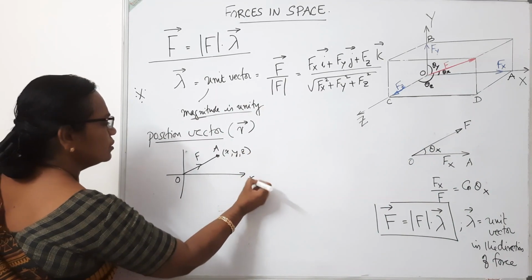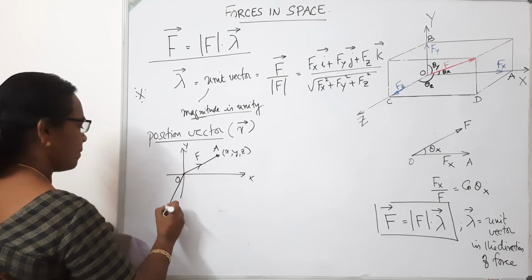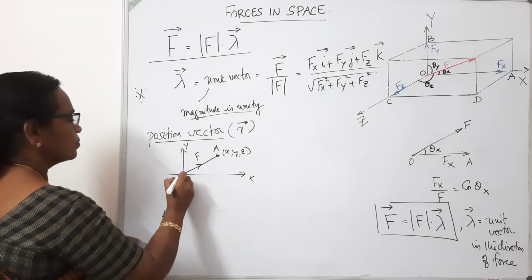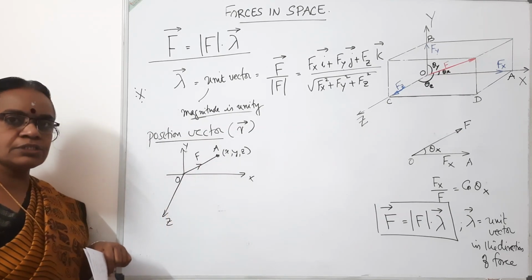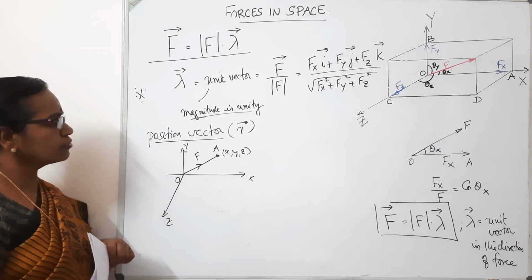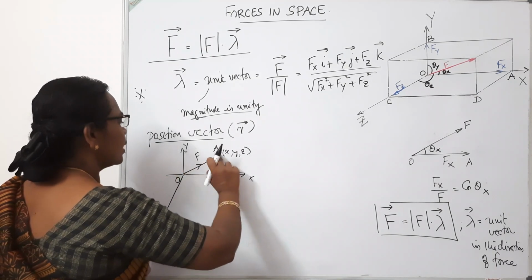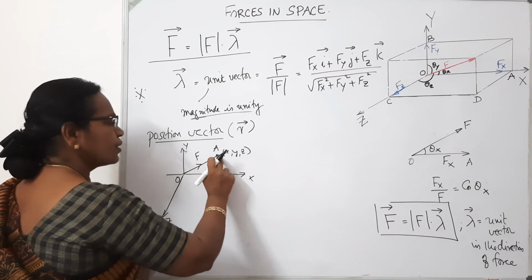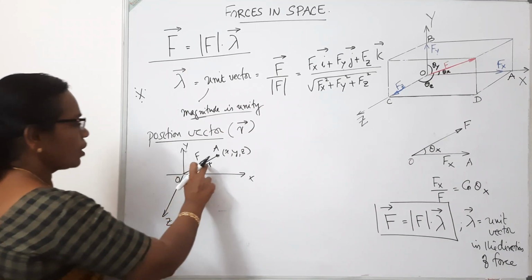This is the x direction, this is the y direction, and this is the z direction. In a three-dimensional space system, a force F is acting from the origin, and OA is the direction of the force. Now, OA, the position of A with respect to O, is equal to R.